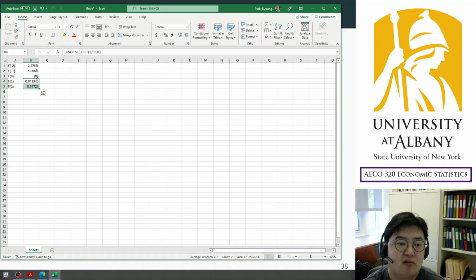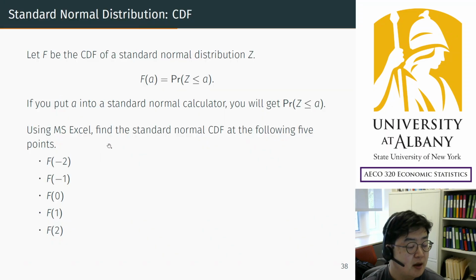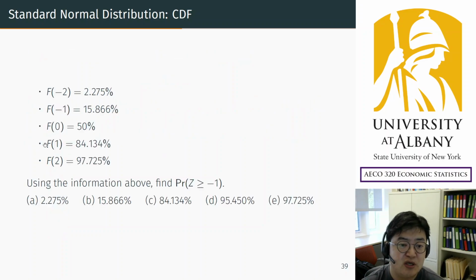So I calculated CDFs for all 5 numbers. You get 5 CDFs from Excel. This is how you calculate probability from the standard normal distribution in Excel, right? So we get these numbers.